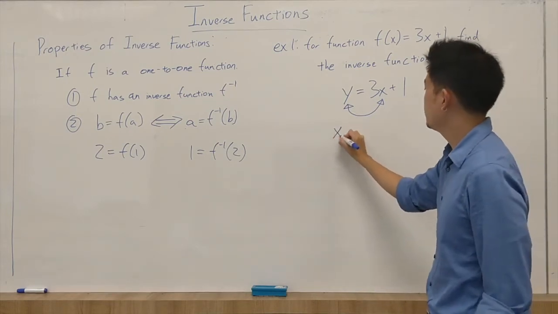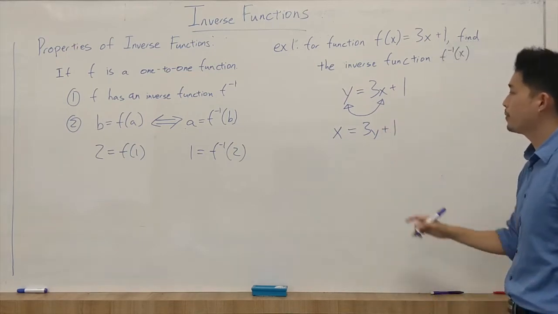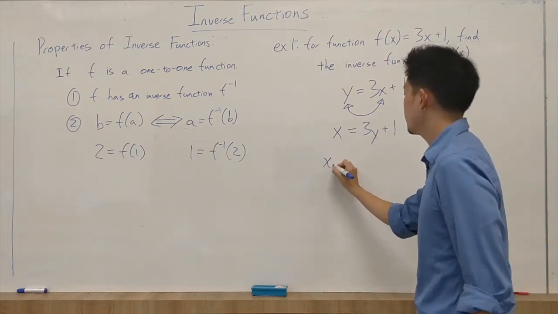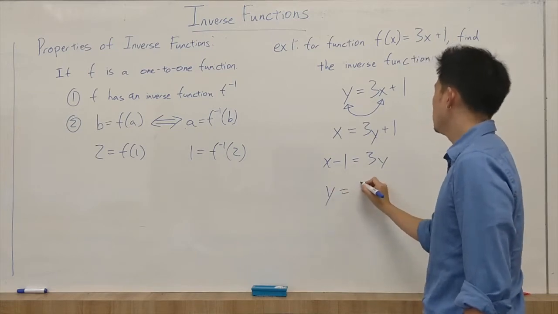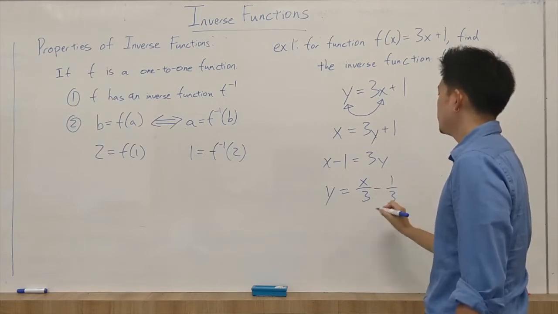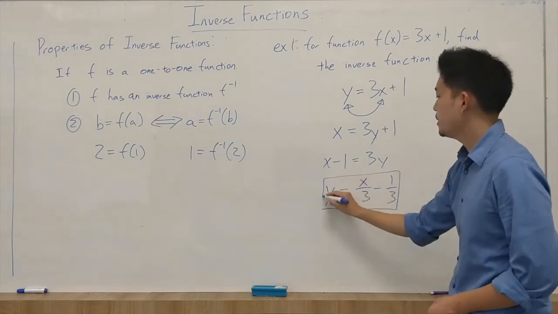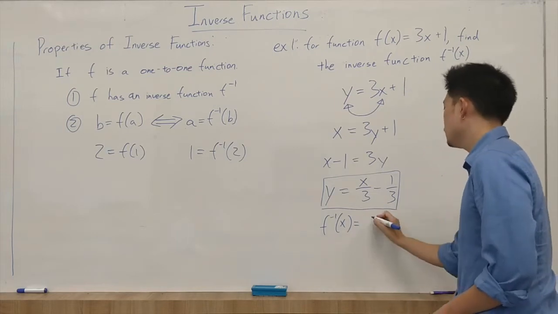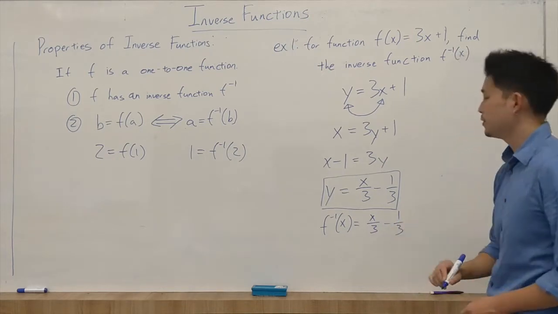So in this case, x equals 3y plus 1. Okay, and then I'm going to solve for y. I put y by itself. So subtract over, x minus 1 equals 3y. y would equal x over 3 minus 1 over 3. So this is the inverse function, f of negative 1 of x equals x over 3 minus 1 over 3.